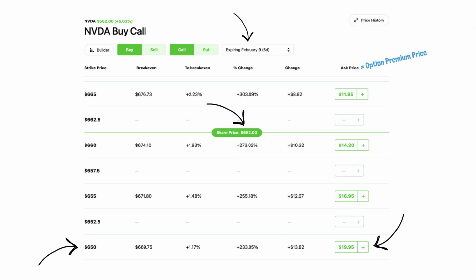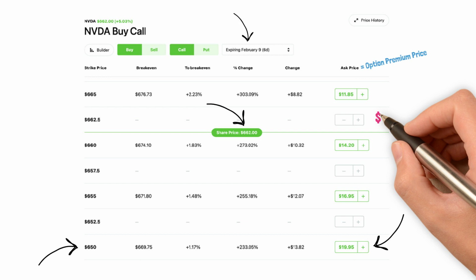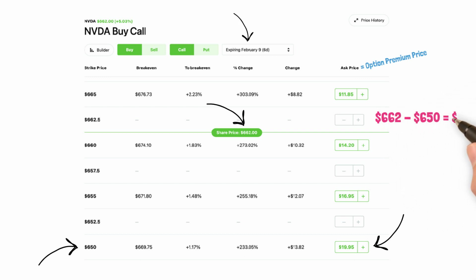Now, determining the intrinsic value of an options contract is easy. It is simply the current stock price minus the strike price. Doing the math, 662 minus 650 equals $12. Therefore, the specific call options contract has $12 worth of intrinsic value.